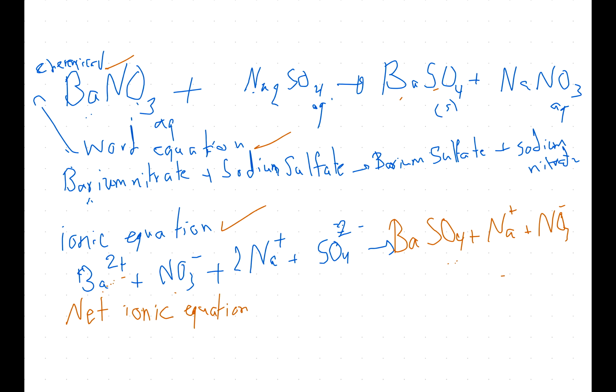Nitrate, can I cancel it? You can't, because there's no other one on the right side. Check the right side. This is my nitrate. Oh yeah, you have. Yeah, I can cancel. Sorry, I didn't see the 3 there.